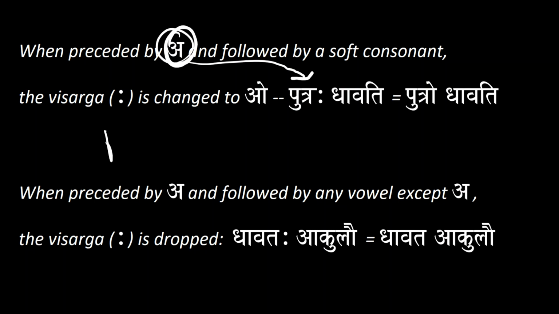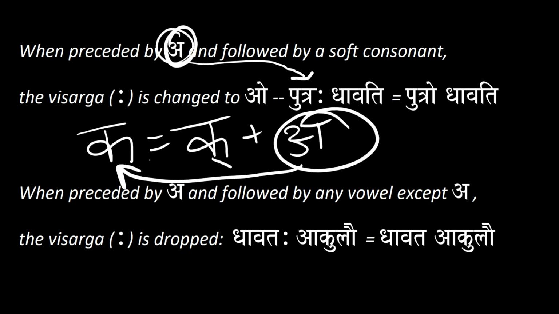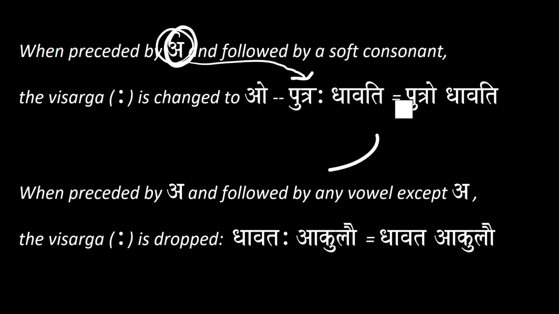Now, if you can recall, ka is a combination of k plus a, correct? So a actually exists in the letter ka. In the same way, a exists in the tra in putra, okay?